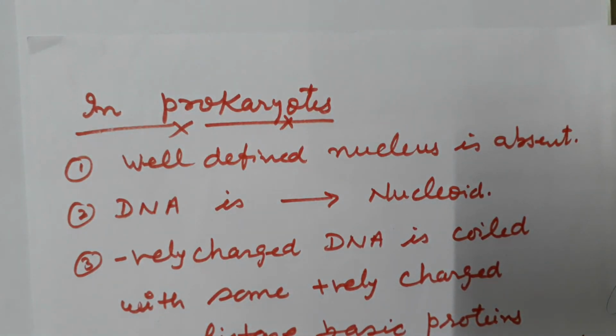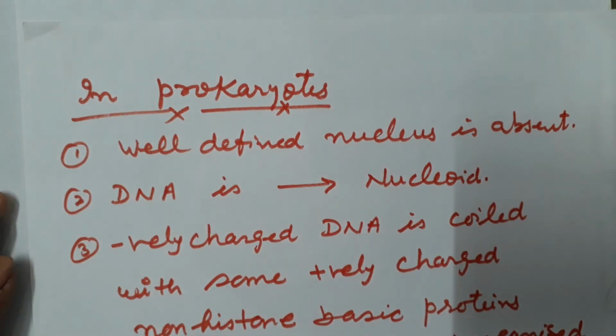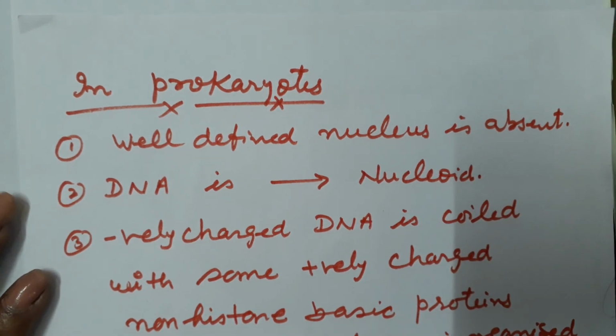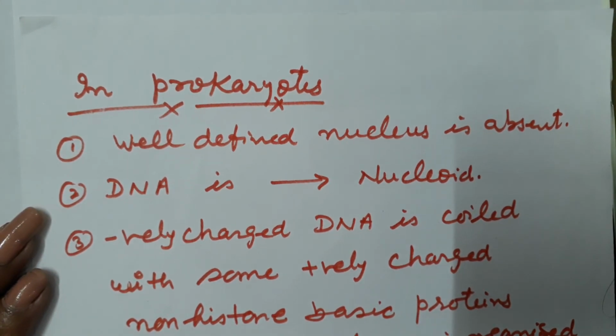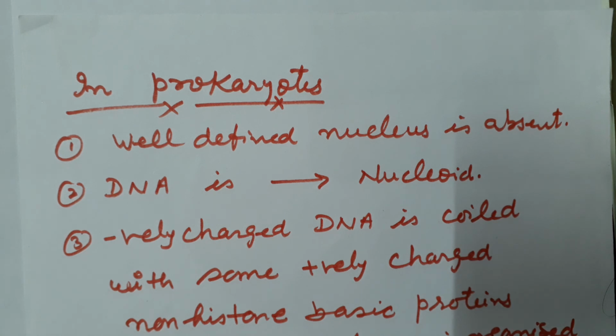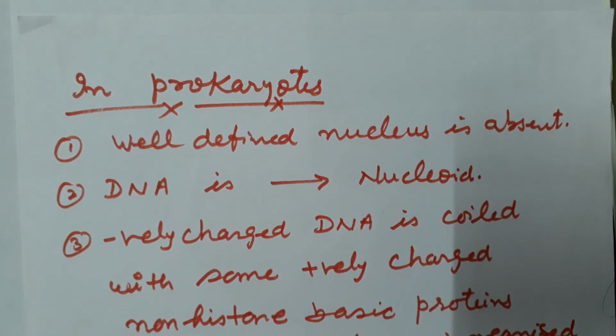Now we talk about what happens in prokaryotes. As we all know, in prokaryotes a well-defined nucleus is absent. So what exists there? DNA is present in a region called the nucleoid.